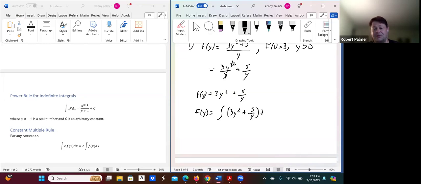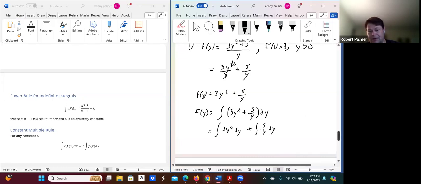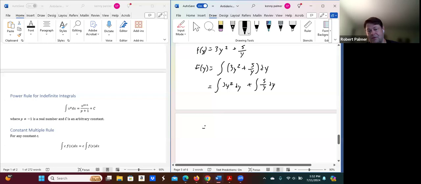This time, instead of dx, using y as the variable, we call that dy. Just as we did before, let's break this up into two: the integral of 3y squared dy plus the integral of 5 over y dy. And then find the antiderivative.